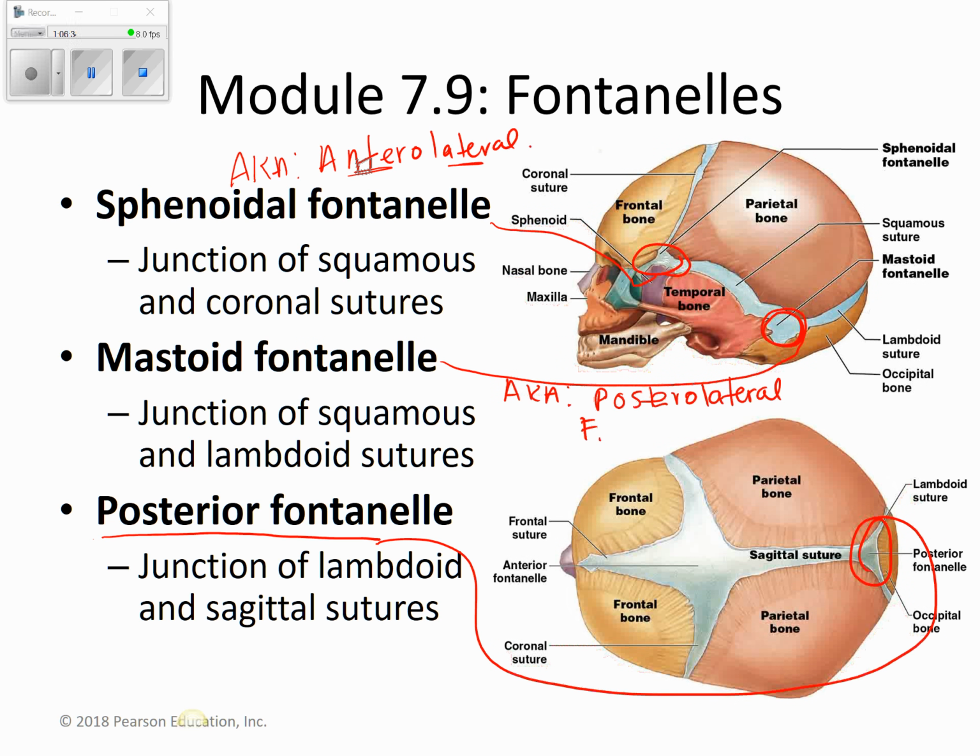But they say the posterior fontanelle closes because it ossifies. It closes at about 2 months after birth.